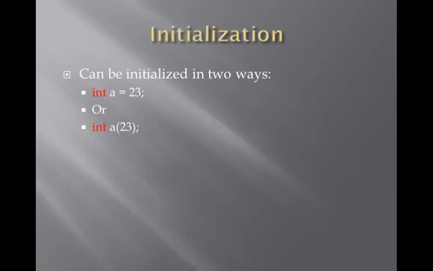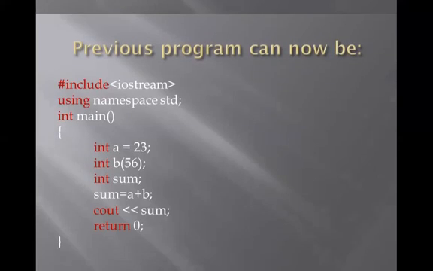Initialization can happen in two ways in C++. You can either use the operator equals 23, or you can also say a in parentheses. You can write 23, that will also initialize a to 23 in C++.